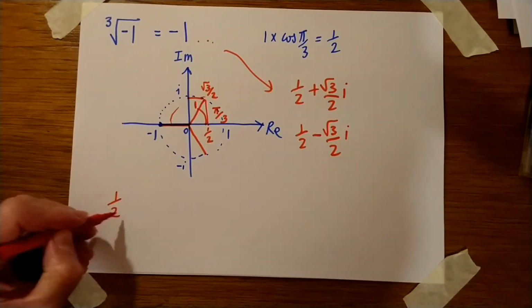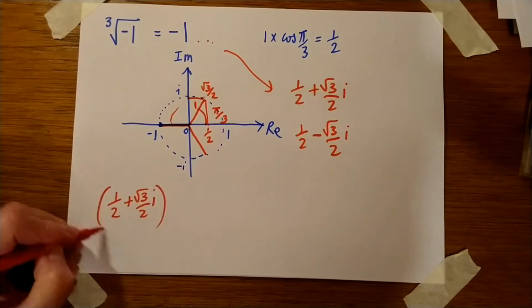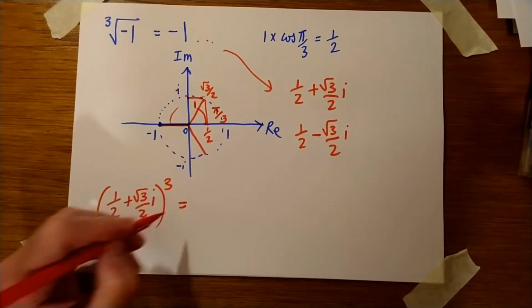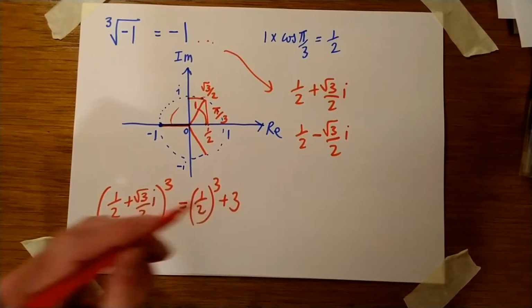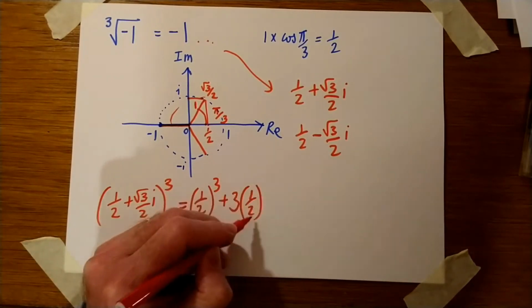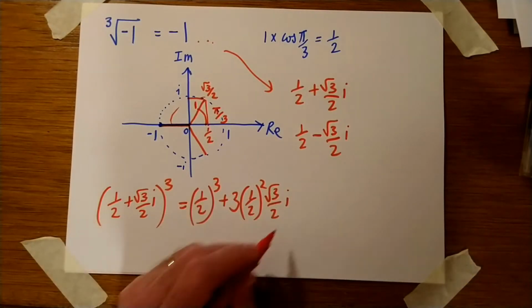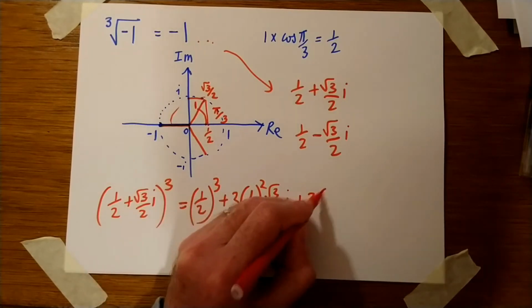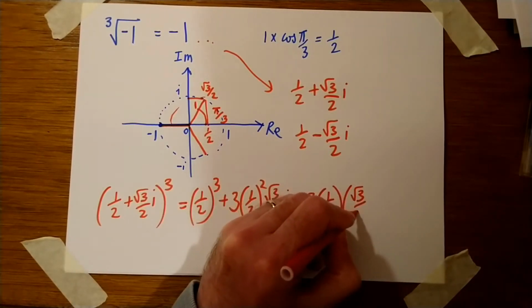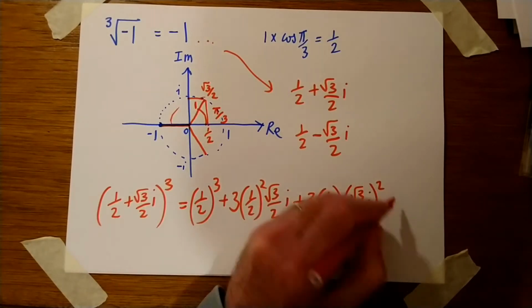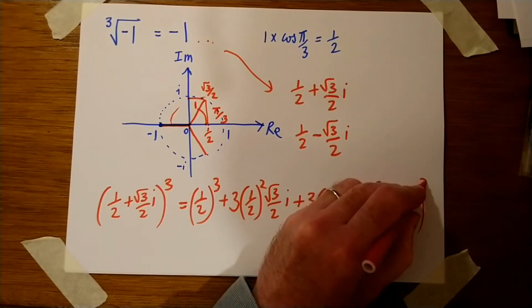So if we do 1/2 plus √3/2 i, cubed, well, I know from Pascal's triangle I'm going to have 1/2 cubed, plus 3 times 1/2 squared times √3/2 i, and then I'm going to have another 3 multiplied by 1/2 multiplied by √3/2 i squared, and then finally I'm going to have √3/2 i cubed.